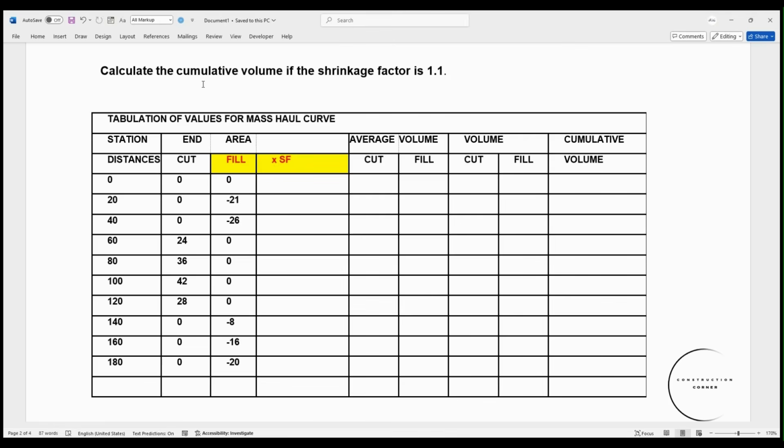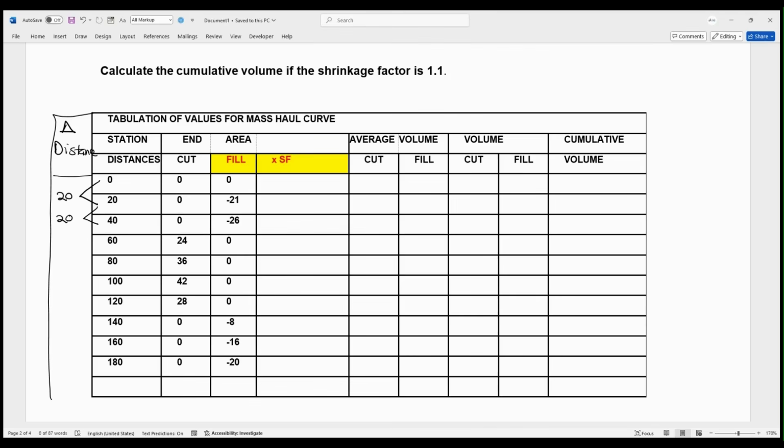To calculate the Marshall curve diagram, we first need to find the change in distance. I'm going to add a column here for the change in distance. The distance between 0 and 20 is 20, and between 20 and 40 is 20.